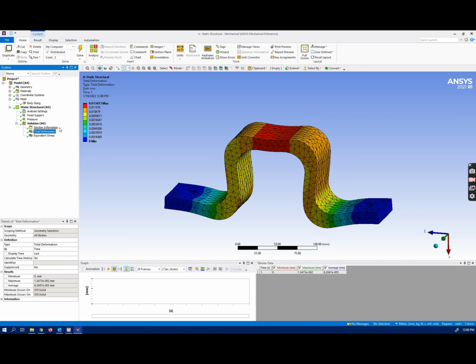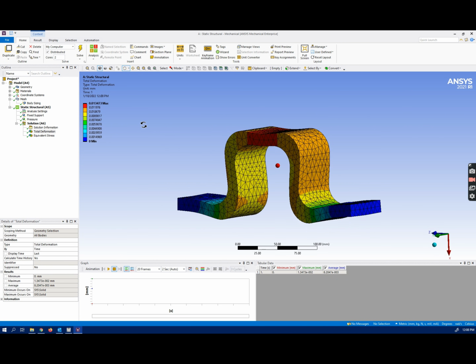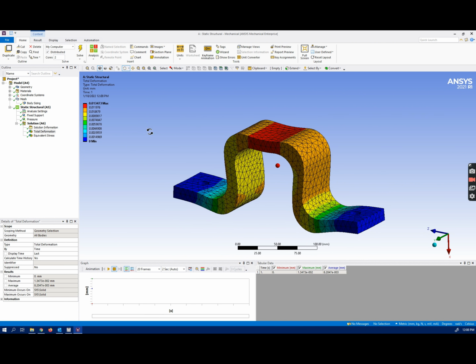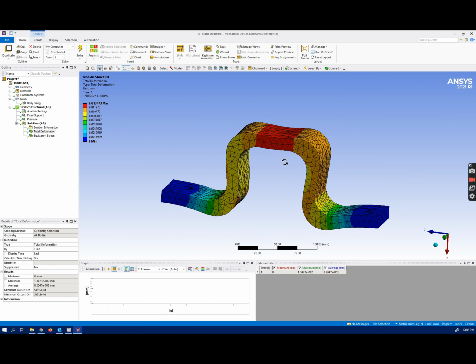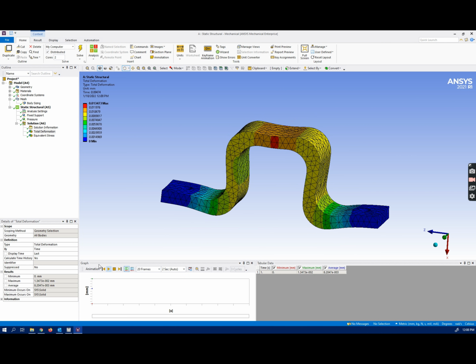Okay, so 0.01 millimeter deformation. It's very small, and it's just 1 megapascal pressure at the top, and you can see the maximum is in this top side because we apply the pressure, and these are the fixed supports, so we have the minimum deformation, and the top part is going to have the highest displacement or deformation there.